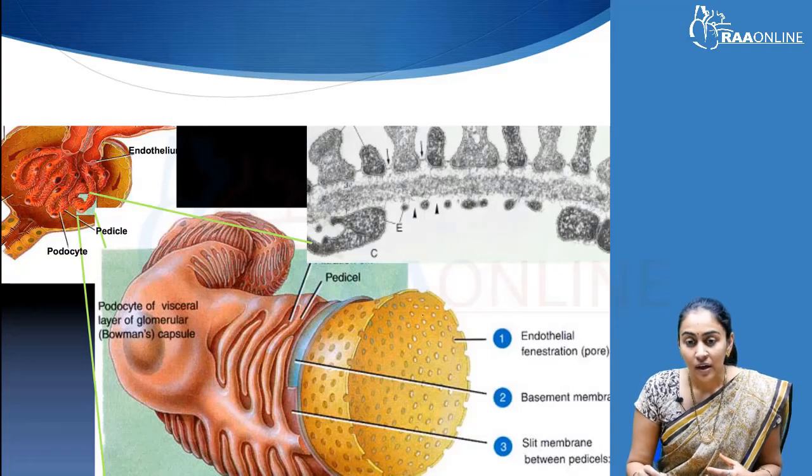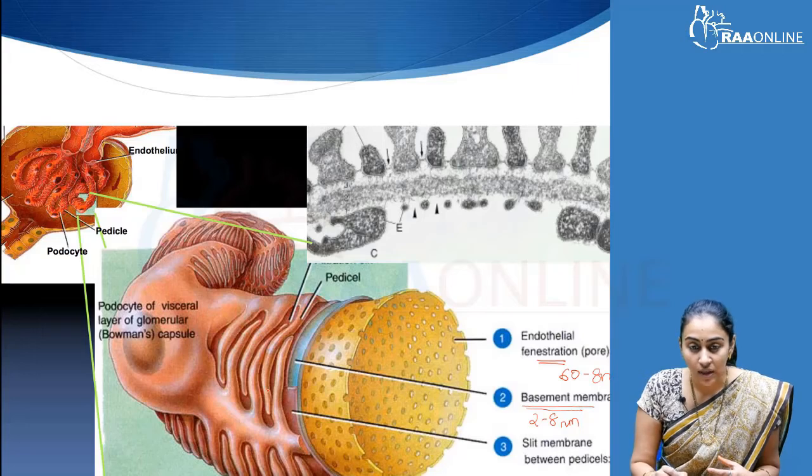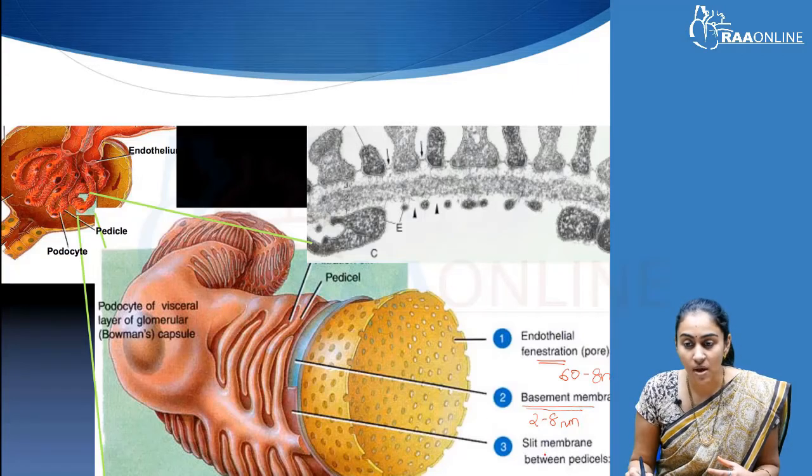we saw the glomerular basement membrane. The glomerular filtration barrier is made of the endothelial cells surrounding the capillary, which have fenestrations about 60 to 80 nanometers wide, and then that is surrounded by the glomerular basement membrane, which has very tiny pores of the size 2 to 8 nanometers, and then you have the podocyte layer with all these foot processes, which have filtration slits ranging between 20 to 30 nanometers.